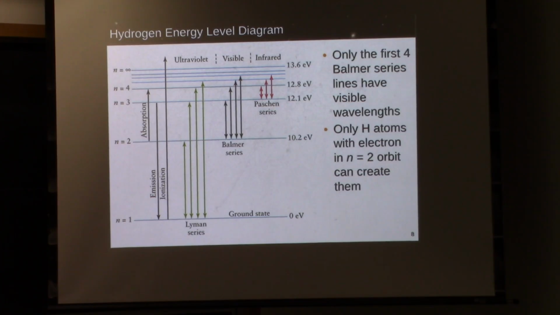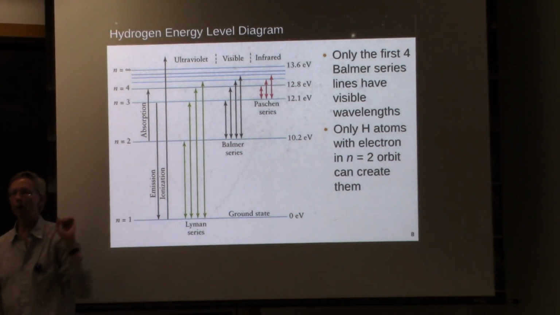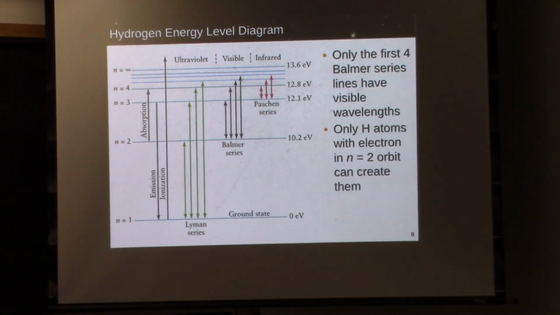So that means that the higher the temperature of the atmosphere, the more collisions will have enough energy to kick electrons from the ground state up to n equals 2. So we would expect that in order to get a population of hydrogen atoms in n equals 2 ready to absorb Balmer series photons and contribute to making those dark spectral lines, the higher the temperature, the greater the fraction will be of hydrogen atoms in n equals 2.